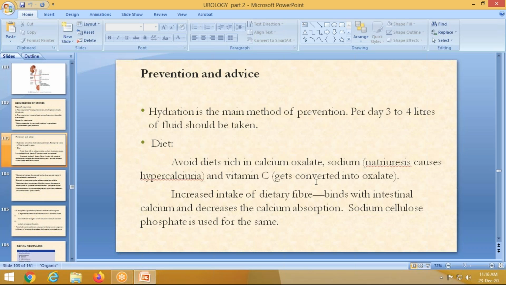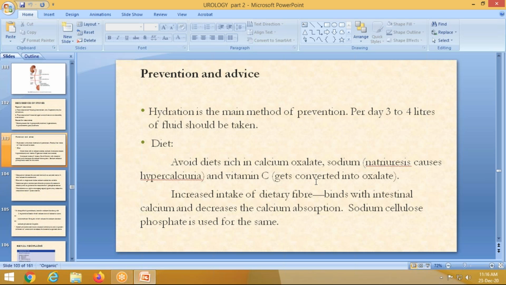So how will we prevent the recurrence of ureteric stone formation? First, we have to maintain hydration. Hydration means we have to give fluid therapy. Fluid should be given adequately to flush out the ureteric stones. Next, diet. What things should be advised in the diet?